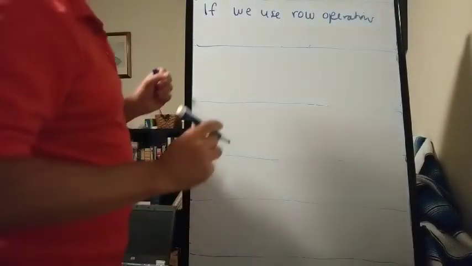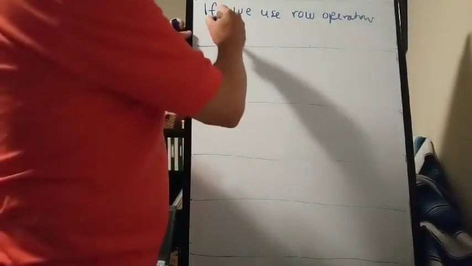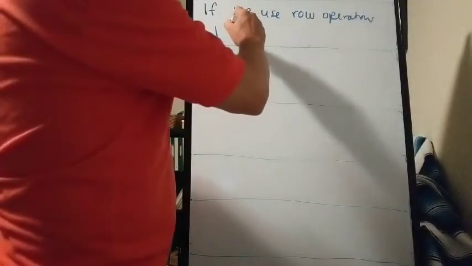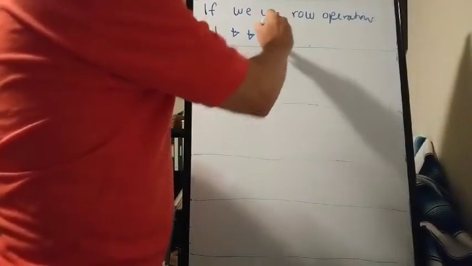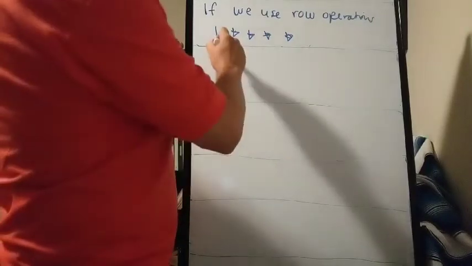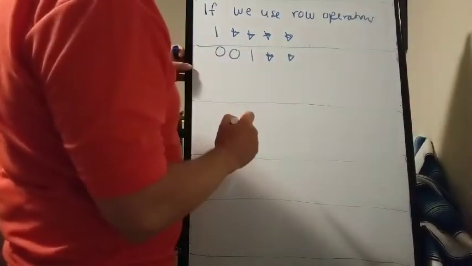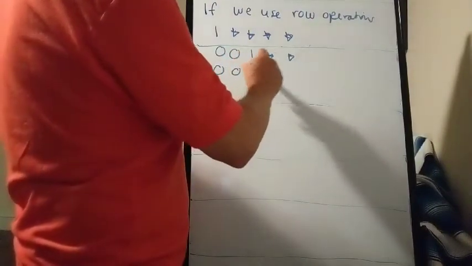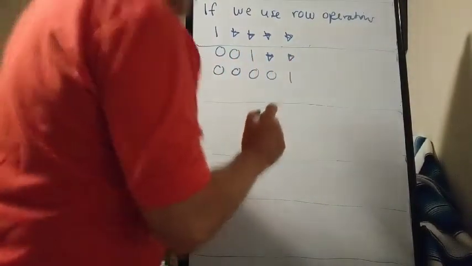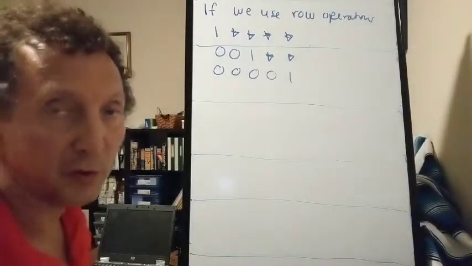Now if we use row operations to get to row echelon form, and that form looks like, let's say, 1 something something something something, and then 0 0 1 something something, and then 0 0 0 0 1, then there's no solution.